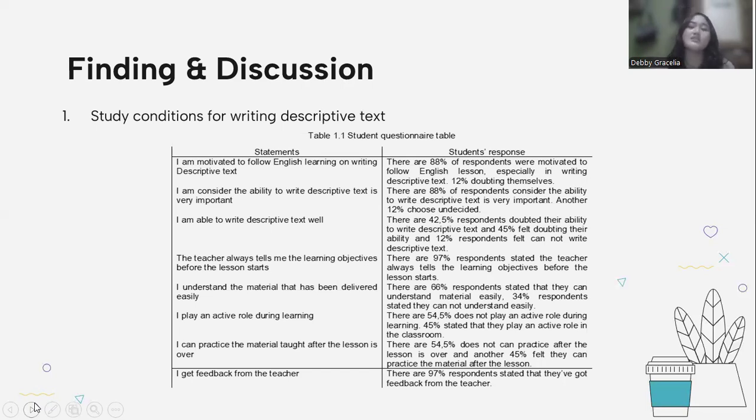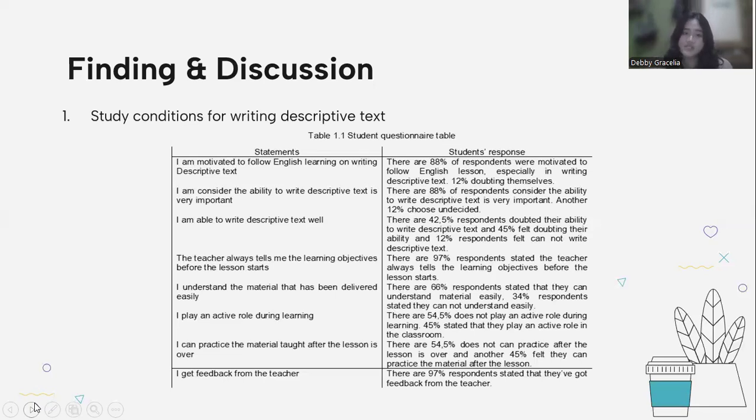The first statement is, I am motivated to follow English learning on writing descriptive text. We know that learning motivation is very important for students. Why? Because learning motivation can push students to be more excited to join the lesson. 88% of respondents were motivated to follow the English lesson, especially in writing descriptive text, and 12% were doubting themselves.